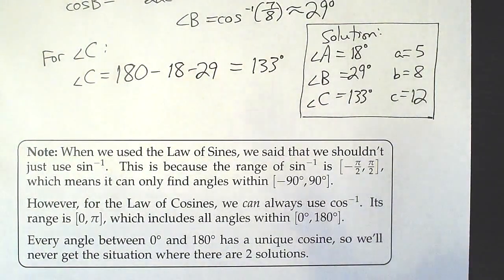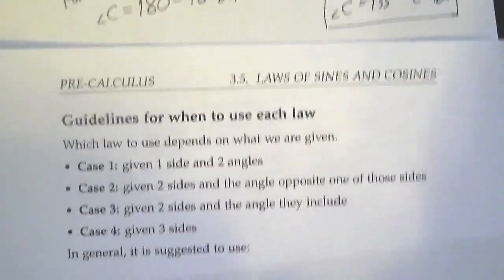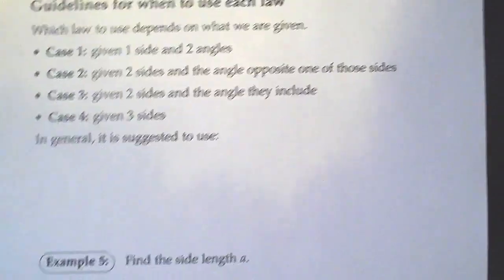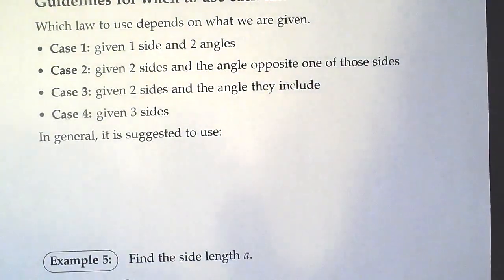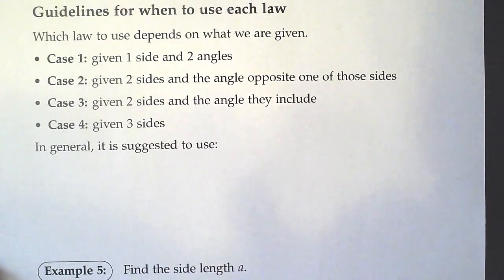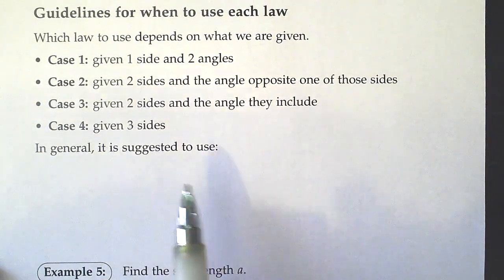So I think a question that could happen right now is, how do we know which rule to use? Like, when do I use the law of sines? When do I use the law of cosines? Can I use either one? So next page, we'll discuss that. So page 119 starts with some guidelines, and there's a little space for us to fill this in.